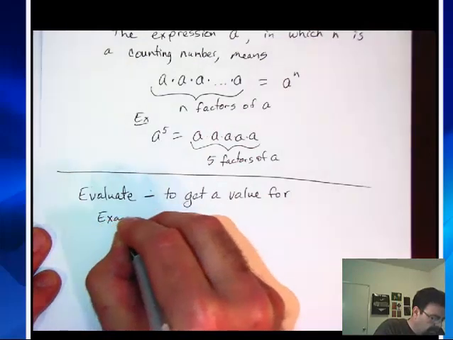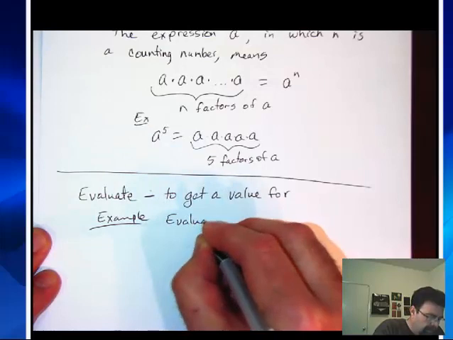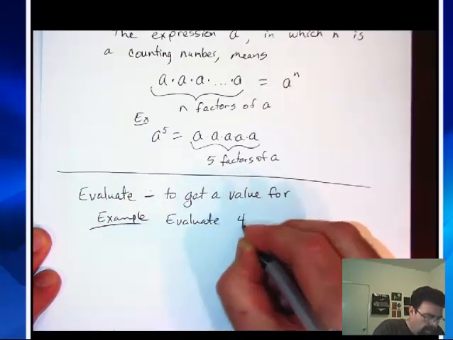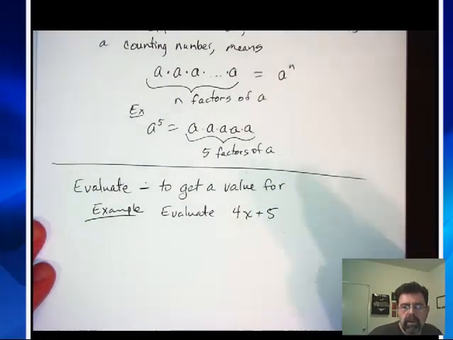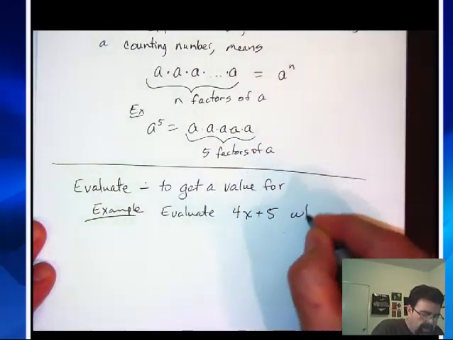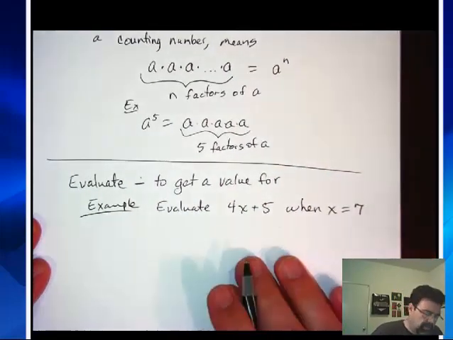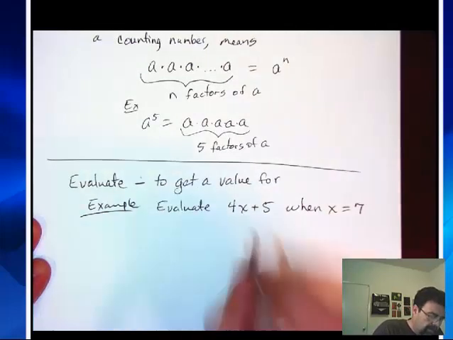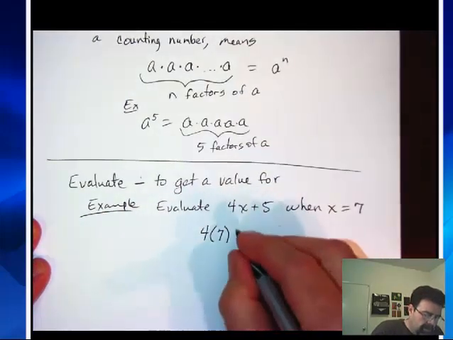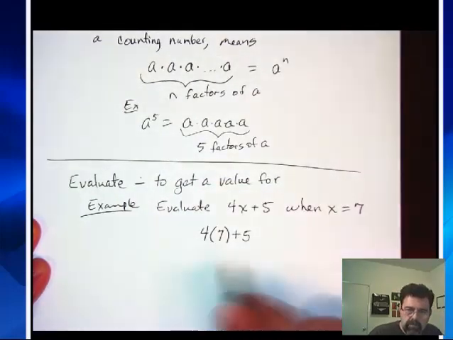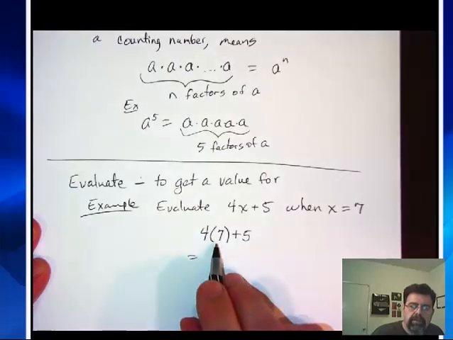So, for example, if I said evaluate 4x plus 5, you can't evaluate it until you know what x is. So I would have to tell you x equals, say, 7, and now you can evaluate this expression. You can get a value for the expression by substituting 7 in for the x, using order of operations to do the math here and get a value for it.